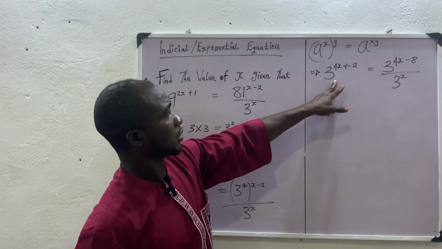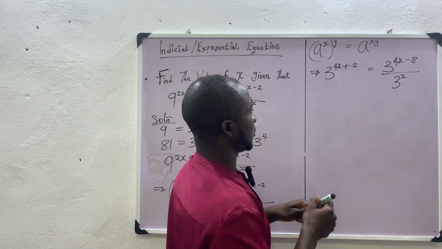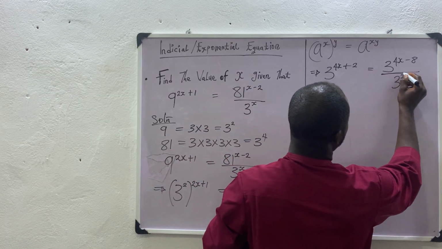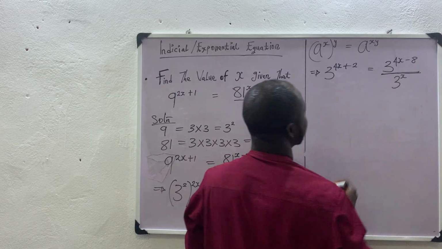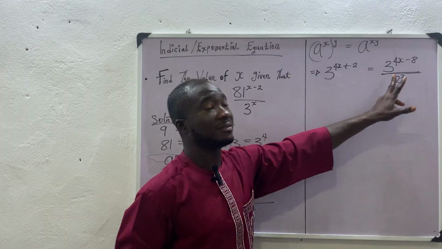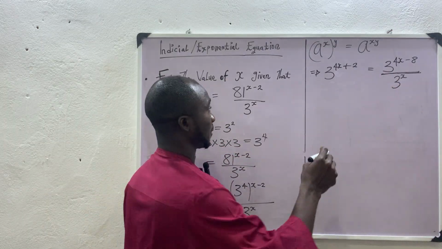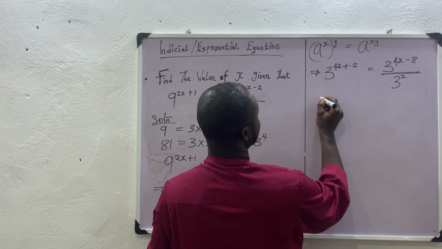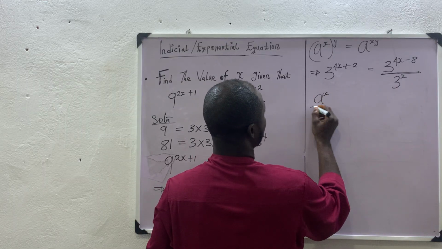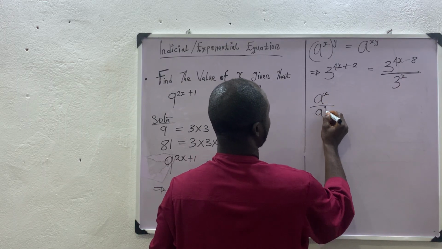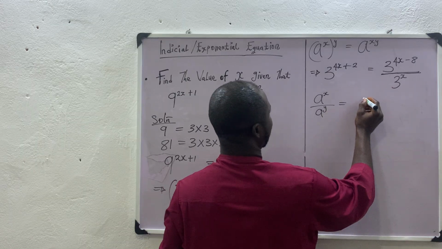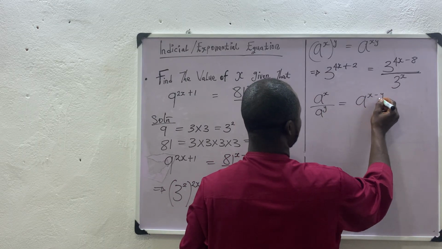At this junction, we observe from this side of the equation that we have division. That means that we are also going to apply the division law that governs exponents. Remember that if I have, for instance, a raised to power x all divided by a raised to power y, this will be the same thing as a raised to power x minus y.